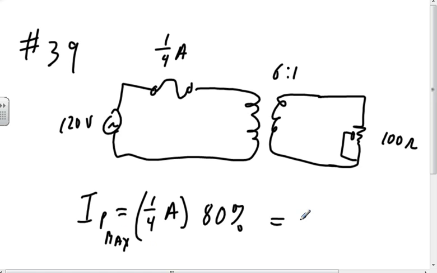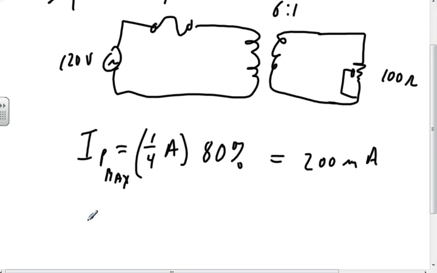All right, so I take out my calculator. 0.25 times 0.8, 200 milliamps. So 200 milliamps is my maximum current allowed for my problem.